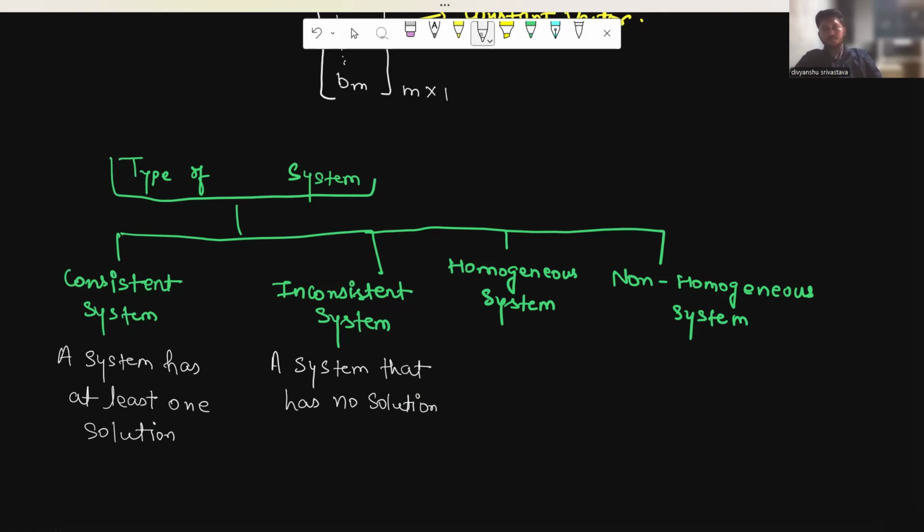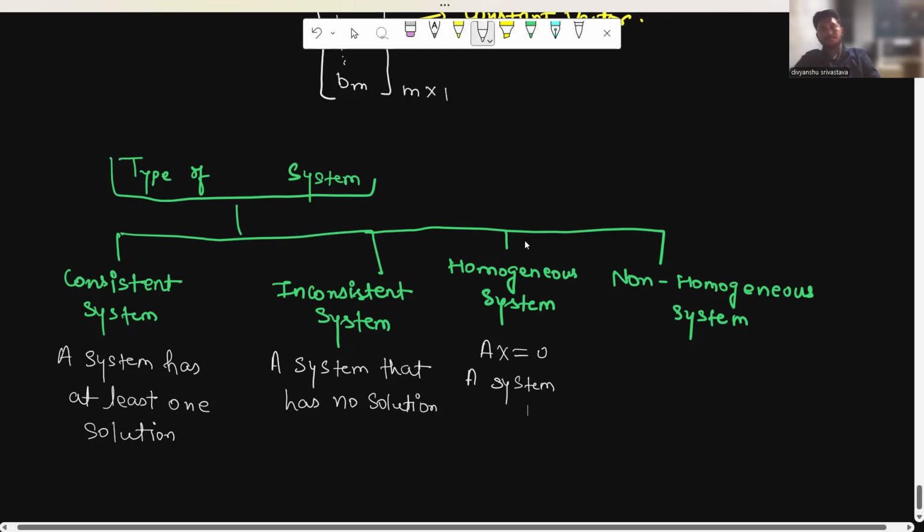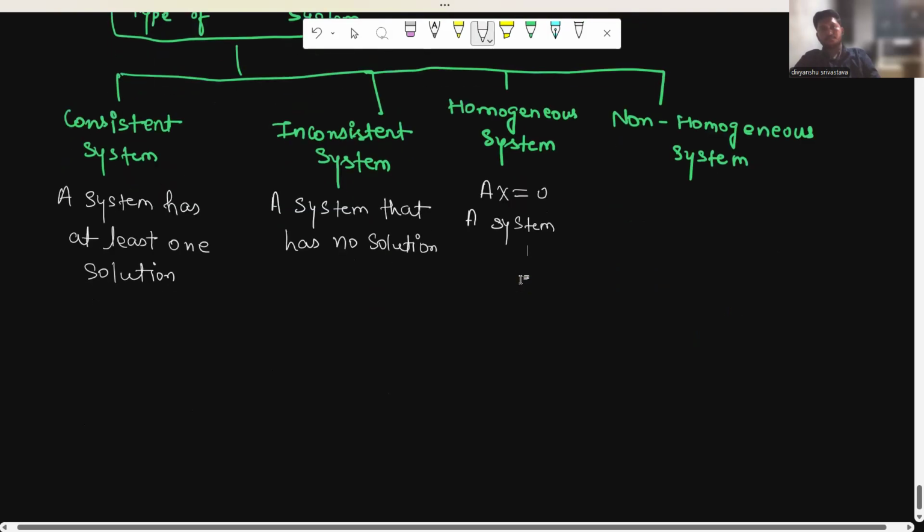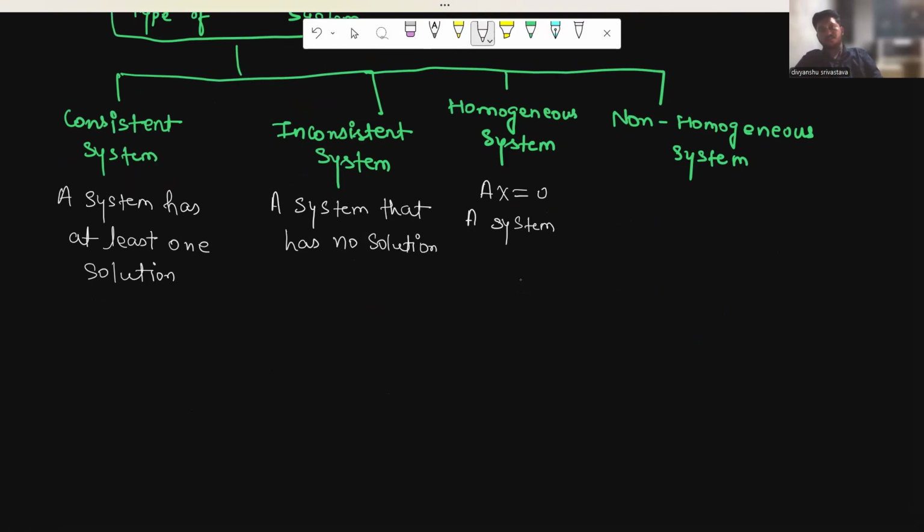Homogeneous means Ax = 0. It means a system where the constant vector b is the zero vector, that is Ax = 0.